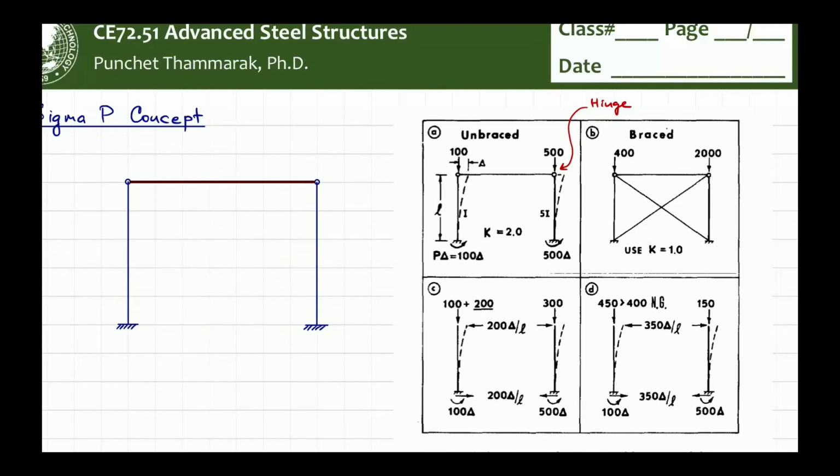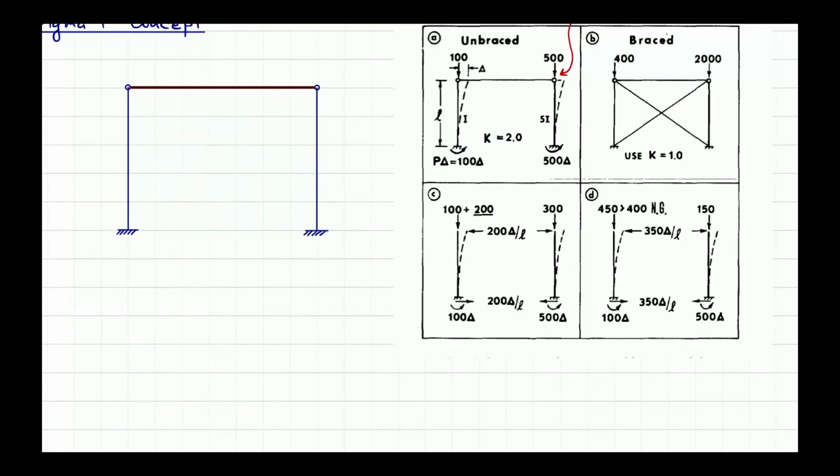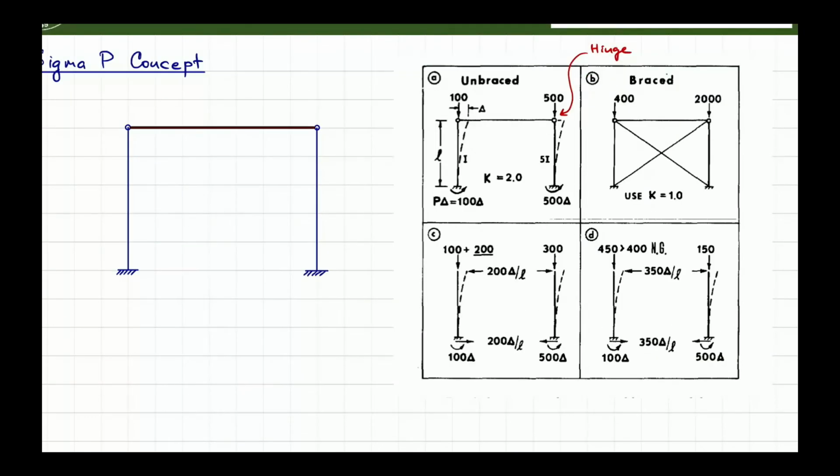Now, what if we change the distribution of the force? Previously in case A, we applied forces following the capacity of each individual column. Now I apply a different distribution. From 500 here, it is reduced to 300, and that missing 200 is instead dropped into the left column.